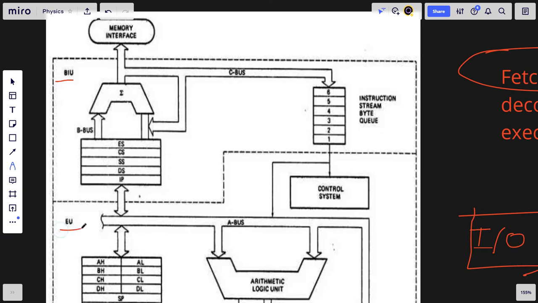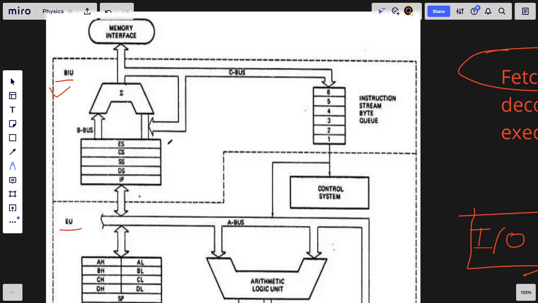The other is EU, or execution unit. For simplicity, we will learn BIU first. Then we will learn each part, what it does, and then we will combine all this to see how a microprocessor works. This is basically the inside of a microprocessor.